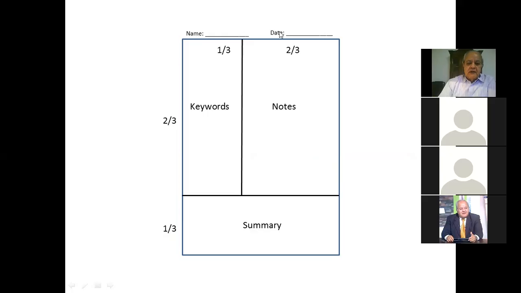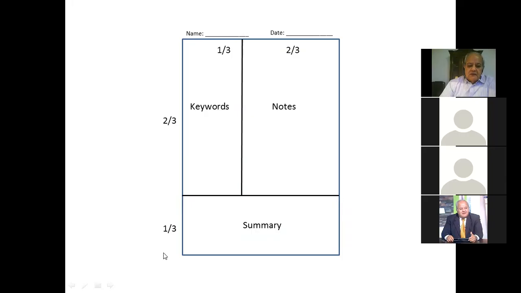Write your name and date on the top of the paper. In the left 1/3, you write new keywords that you learn during the lecture or session. On the right side, the 2/3, you write notes about the keywords or about other things.